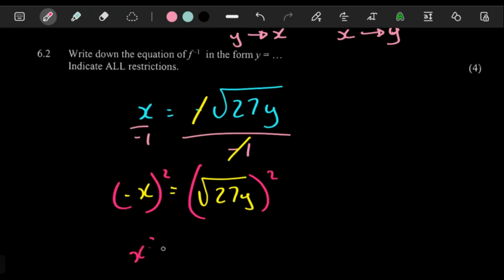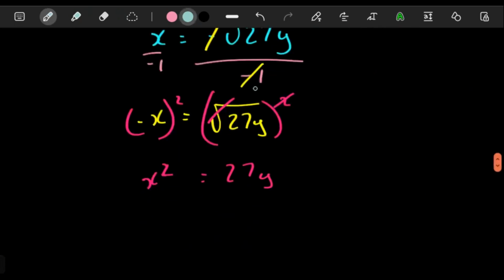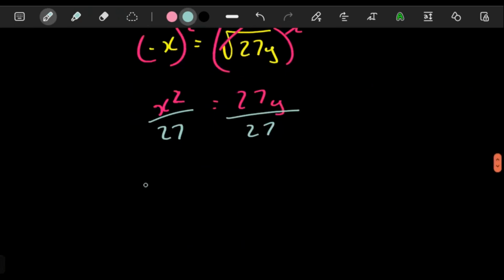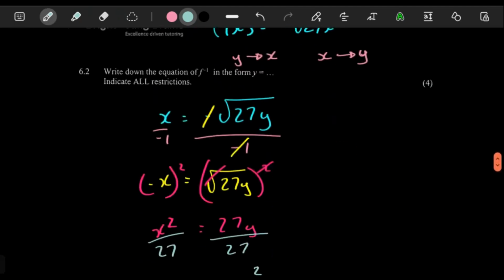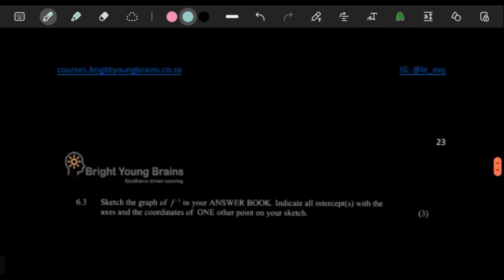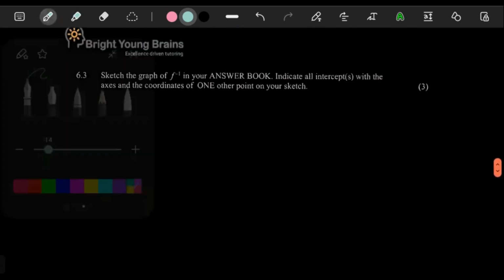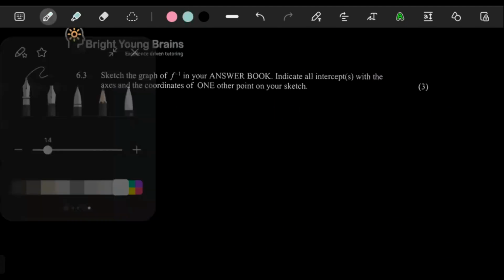So x squared, and then this cancels that, so it's like 27y. Making y the subject of the formula, divide by 27, divide by 27. Therefore, y is equal to x squared over 27. Very nice. You keep it moving. Keep it flowing like the water.